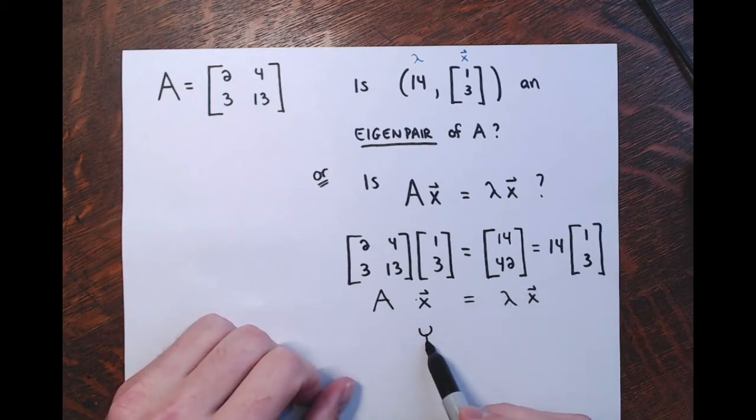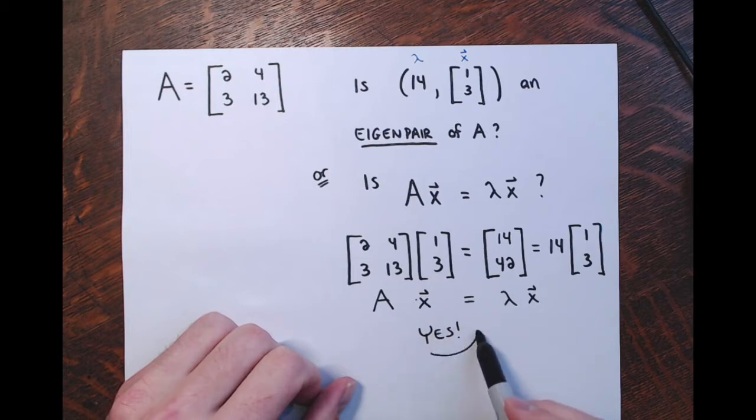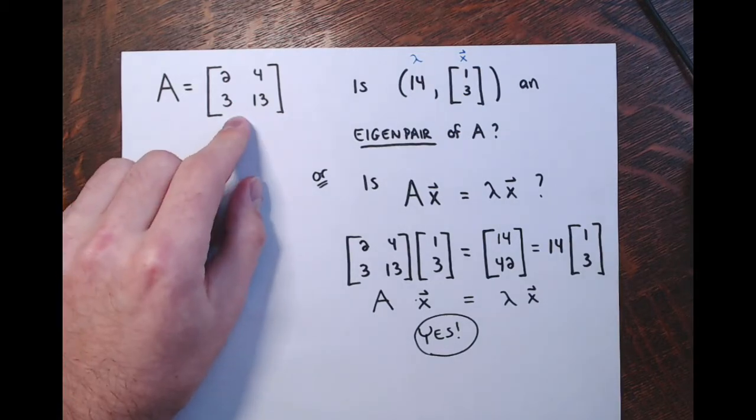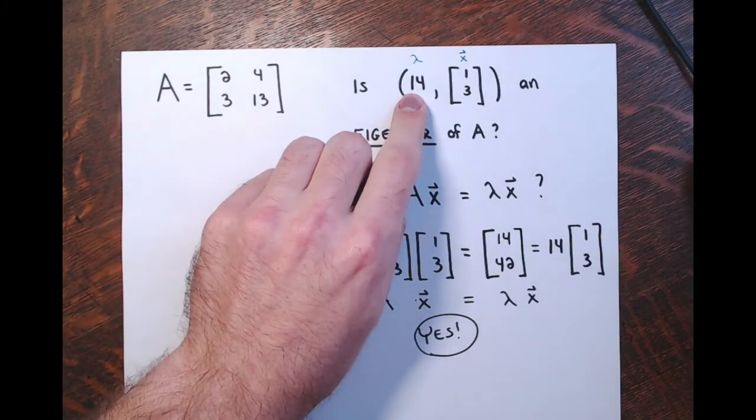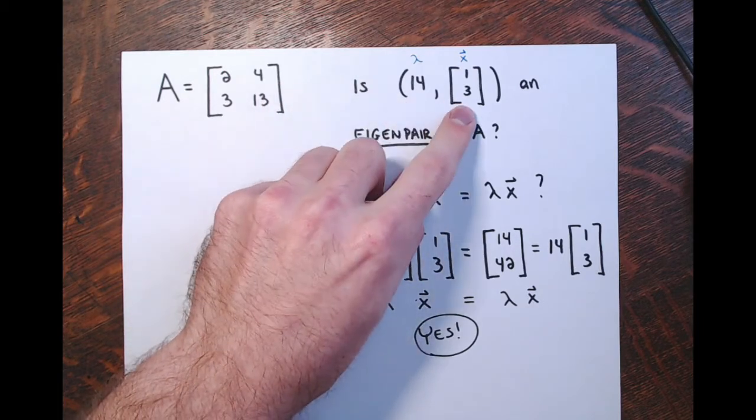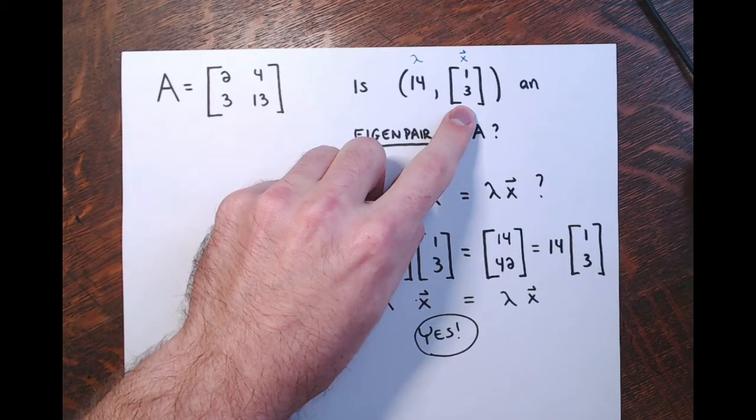So yes, this is an eigenpair of this matrix A. And you would say that 14 is an eigenvalue of A that corresponds to the vector 1, 3, and this would be called an eigenvector of A.